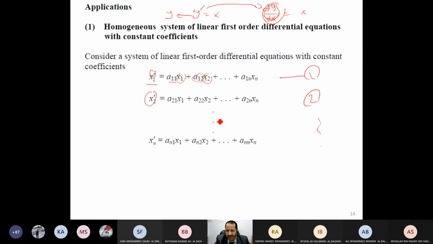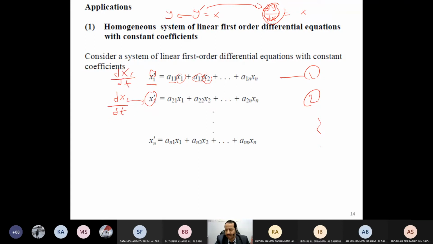This tells me that my function here is dx1 over dt, with respect to t usually, equal a11 x1 of t, a12 x2 of t, and so on. And here it is dx2 over dt, and so on.